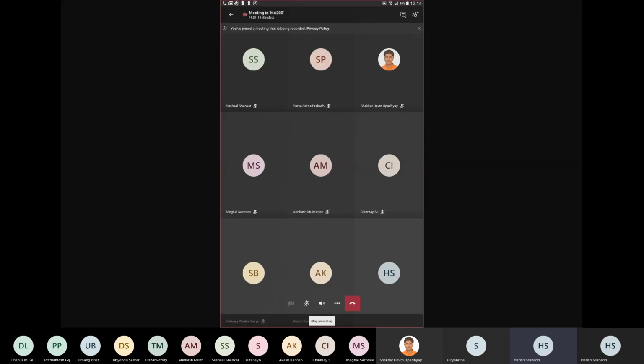It's at the bottom of the screen. Let me just try this. I'll go to portrait mode and come back to landscape mode. No, it's still very small. I don't know why. I think it's a tablet problem. Let me log out from this and come back.